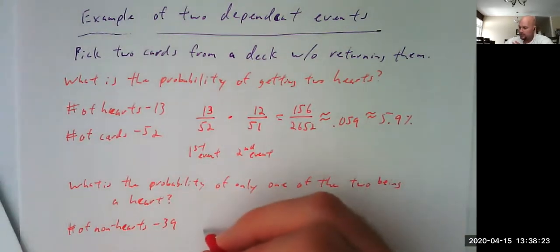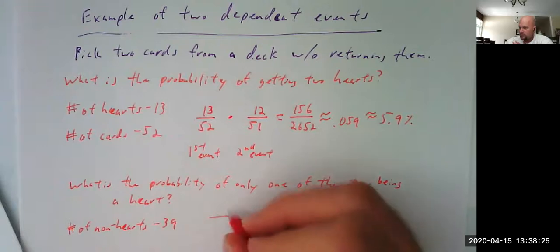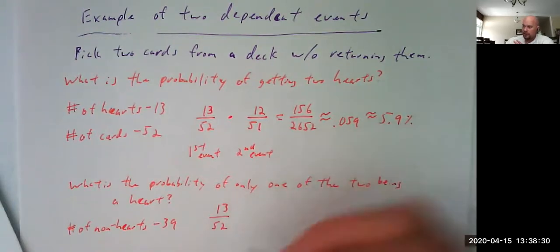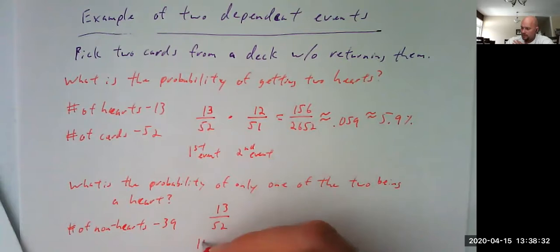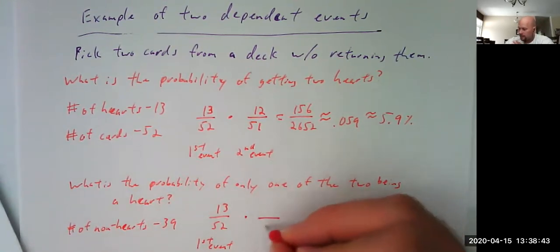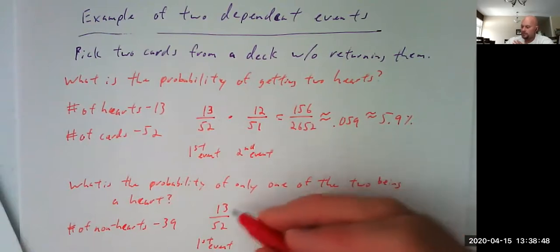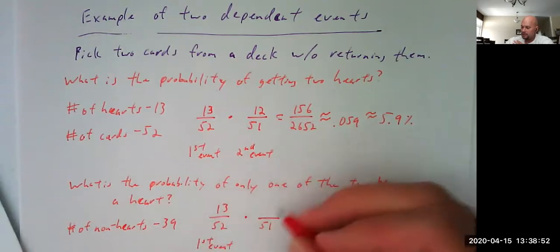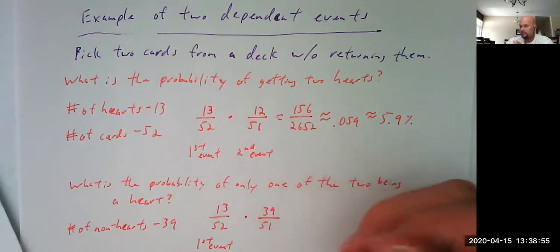So the first event, there is going to be 13 hearts out of 52. That part hasn't changed. We still have the first event, and that's the fact that we're getting a heart. But then the second event, we're going to multiply. There's 1 less card, so there's now only 51 cards. But since the first one was a heart, the second one then is out of the 39 cards remaining.